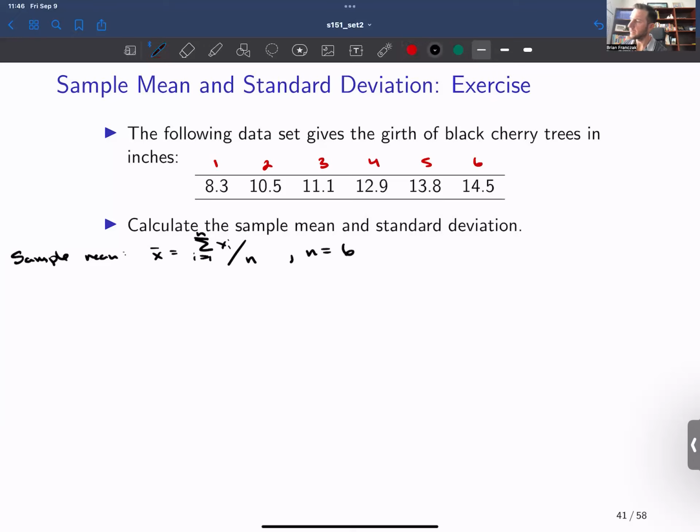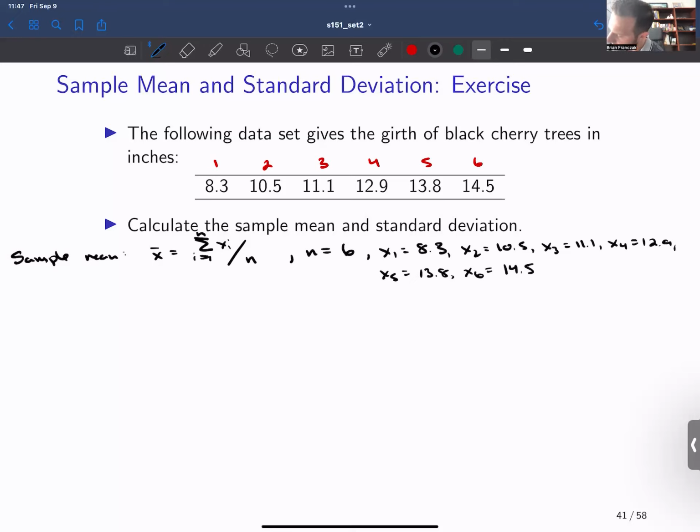Now I'm going to designate each observation with an x notation. So we have x1 is 8.3, x2 is 10.5, x3 is 11.1, x4 is 12.9, x5 is 13.8, x6 is 14.5.